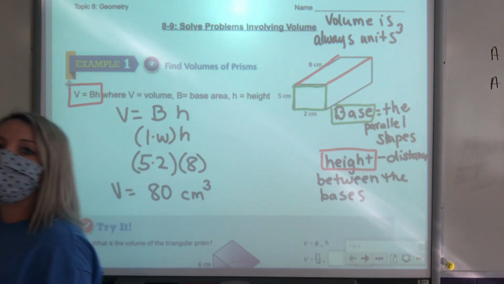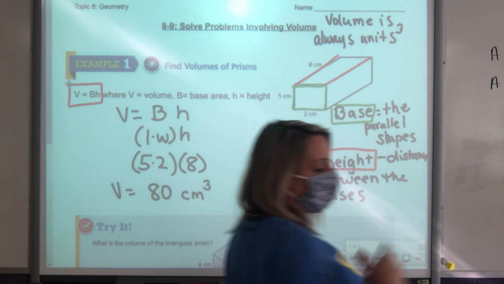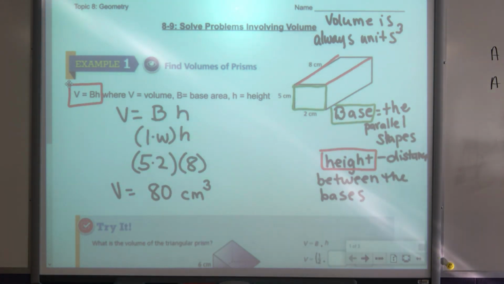So volume is always units cubed. Okay? Now when I say units, I mean that's a specific measurement. So I'm talking about centimeters or feet or inches or miles. Okay? So volume, if we're doing that, we're always talking about, the units are always going to be cubed. So to the third power.